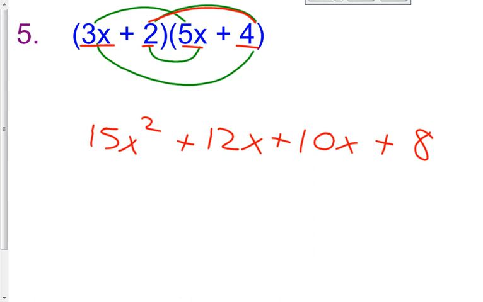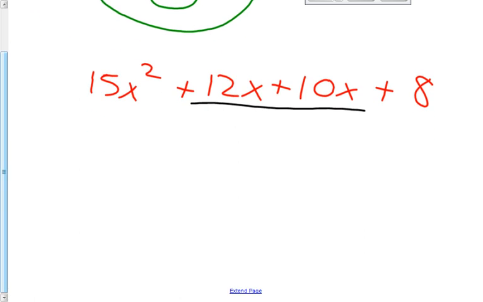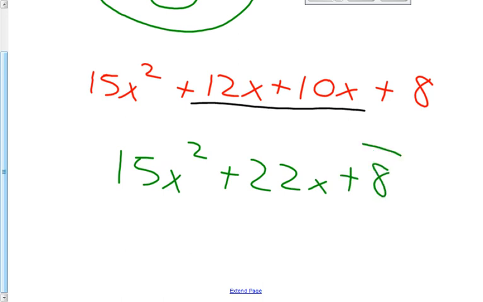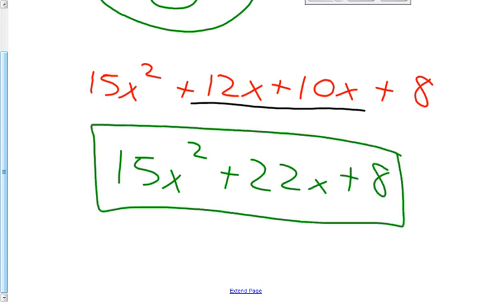So from here, just make sure that you clean up anything, meaning combine like terms. And as you guys, I'm sure, have seen by now, the 12x and the 10x, those can be combined to make 22x. So for our final answer, we have 15x squared plus 22x plus 8. And this is the correct answer for number 5.